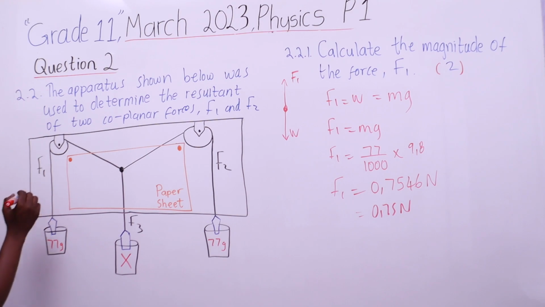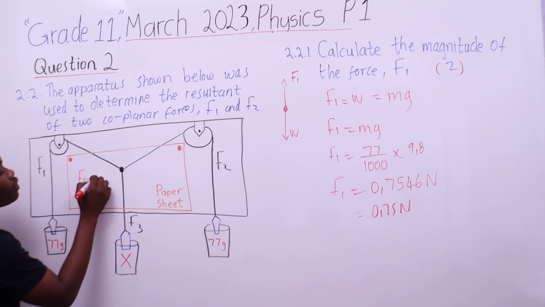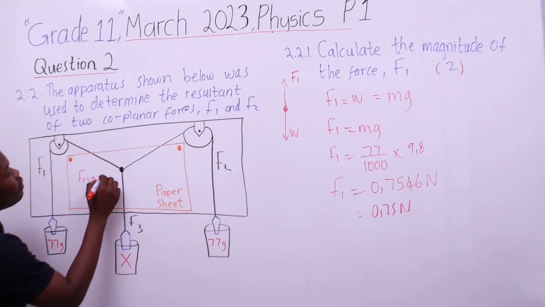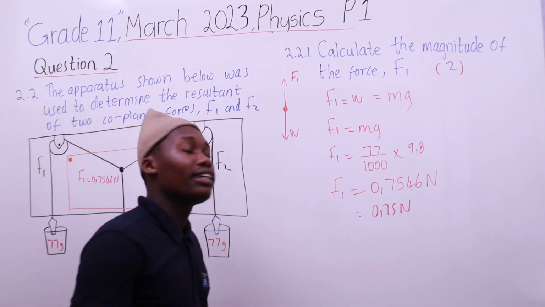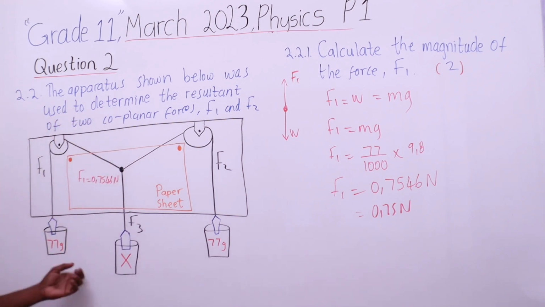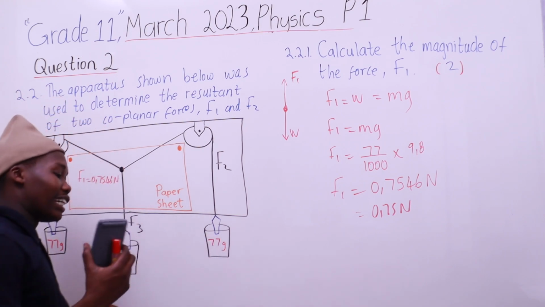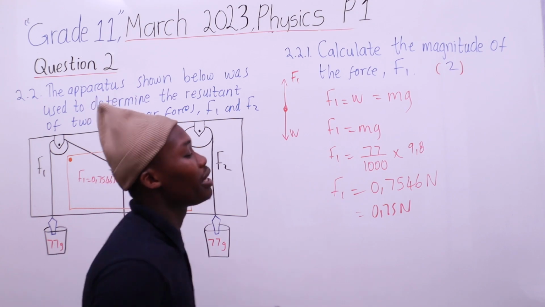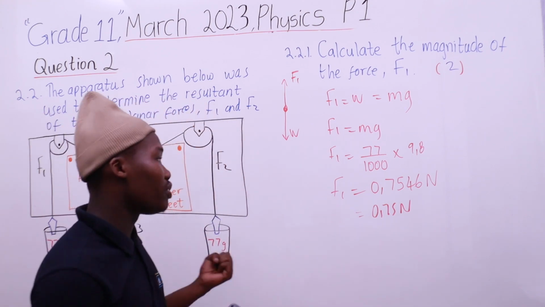So force 1 is done, simple. Force 1 is 0.7546 newtons, for 2 marks. What we did is the weight equals force 1, which is the tension, and weight is the gravitational force exerted by the Earth on any object. It pulls all objects towards the center of the Earth.